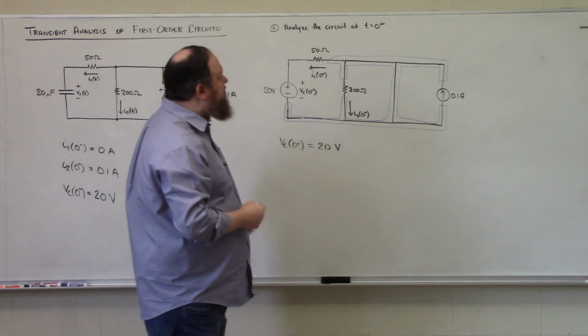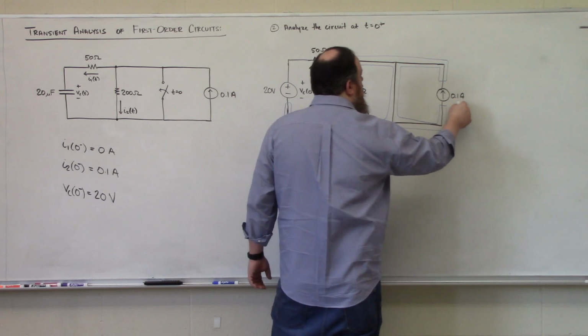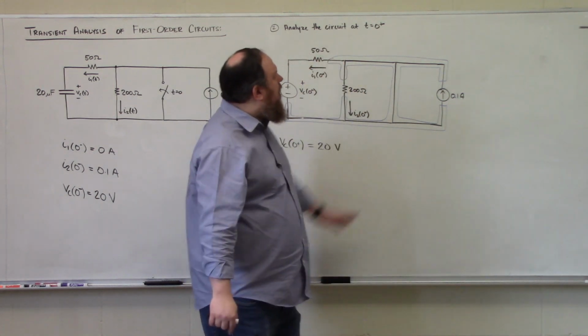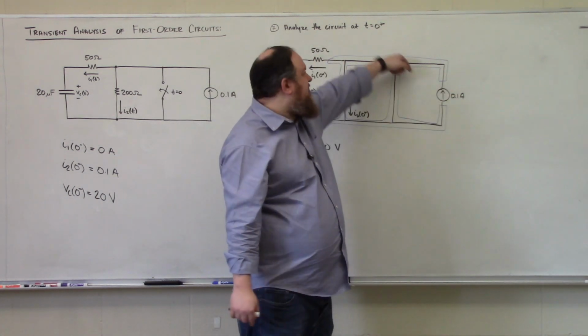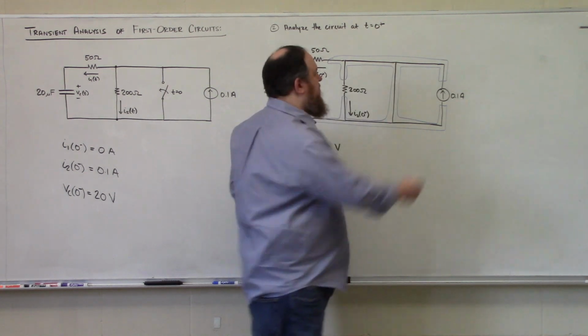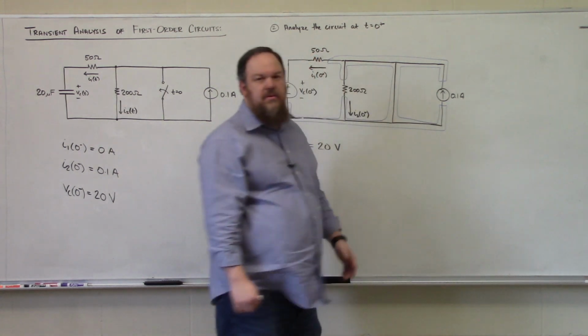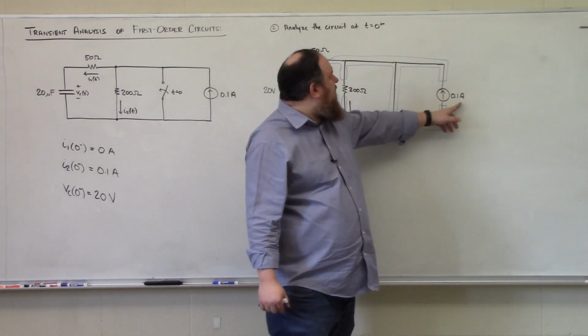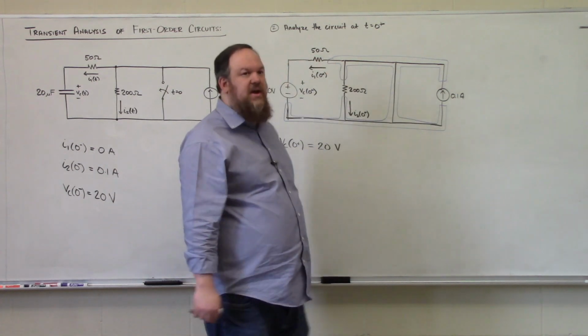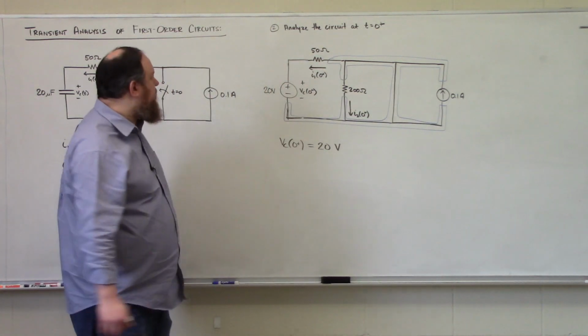So this 0.1 amp source, all the current that it produces is going to flow through this short circuit and circulate around that loop. None of this 0.1 amps of current can branch off and flow anywhere else because that short circuit is there.